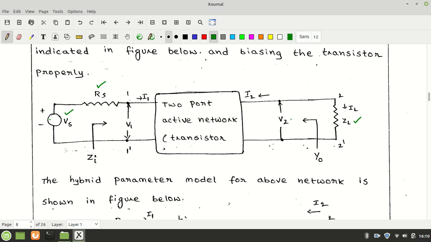So V2 is equal to IL into ZL. In place of ZL you can write RL, that is resistance, but in general studies it is written ZL, that is impedance.